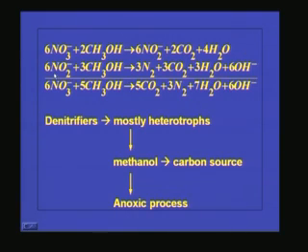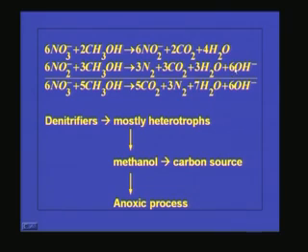Then again this nitrite will react, or the nitrate will be utilized by the denitrifiers, and finally we will get 3NO2 plus carbon dioxide plus water plus 6OH. We have seen that in nitrification acid is produced, that means 4H plus comes out, and in denitrification alkalinity is produced, 6OH ion comes out.